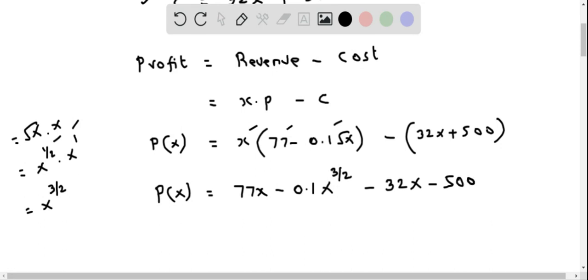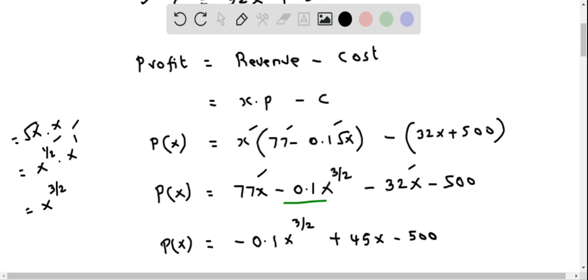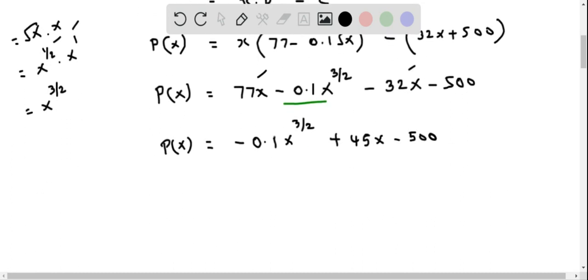Let's simplify this. 77x minus 32x is 45x. I write the first term, that is negative 0.1 x to the power 3 by 2, and then 77x minus 32x is 45x, minus 500. So we have obtained the profit function.